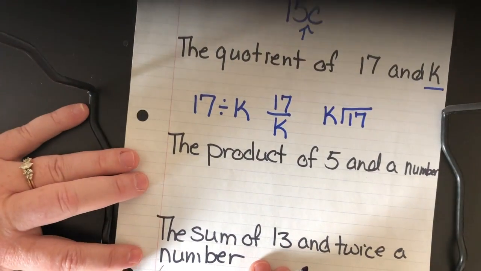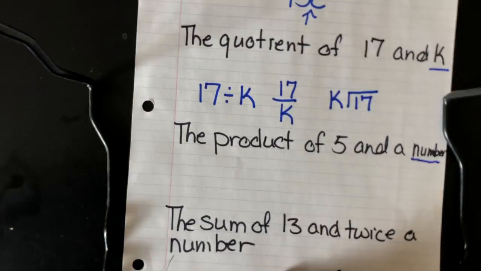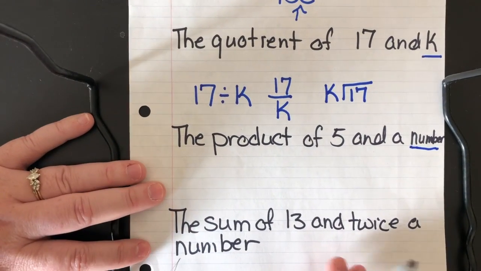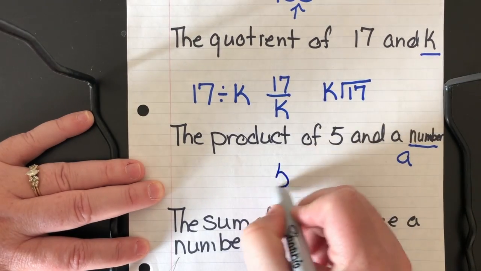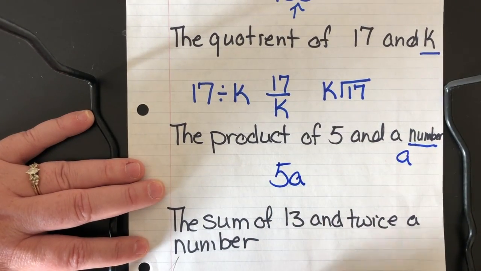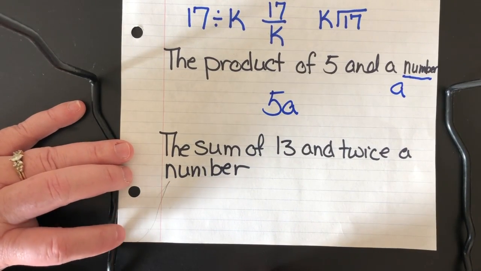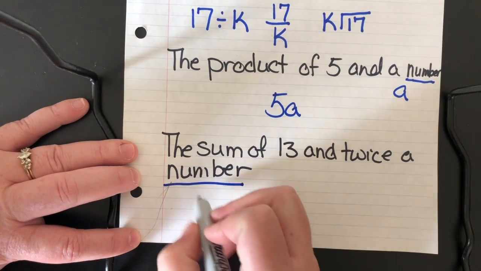The product of 5 and a number. They're not giving you the variable. You get to decide the variable. I'm just going to use A. So 5A is my algebraic expression. Then the last one, the sum of 13 and twice a number. Yet again, they do not give us a variable, so you get to decide.